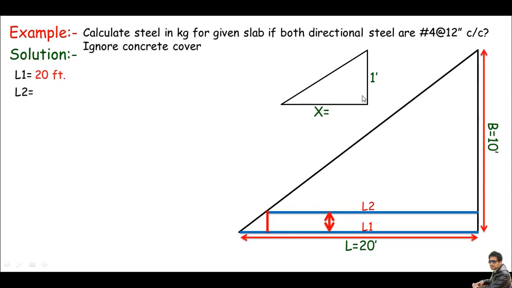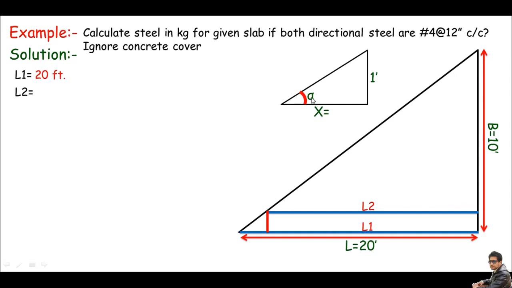Now the triangle is not solvable because we have only one side. We need another component. Just look over here. This is alpha, an angle. The angle in this small triangle is equal to the angle in this larger triangle.